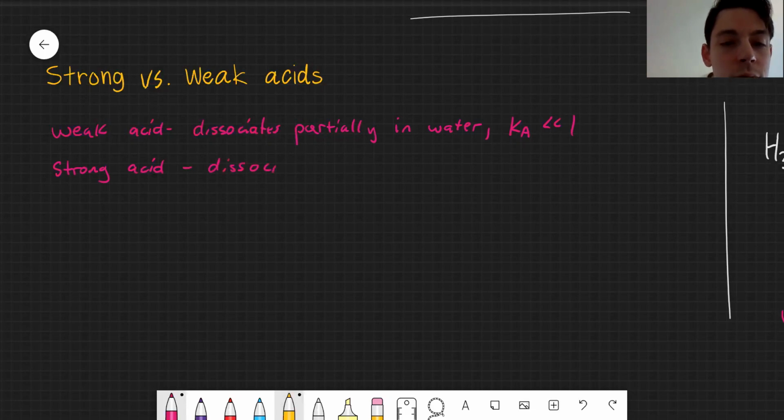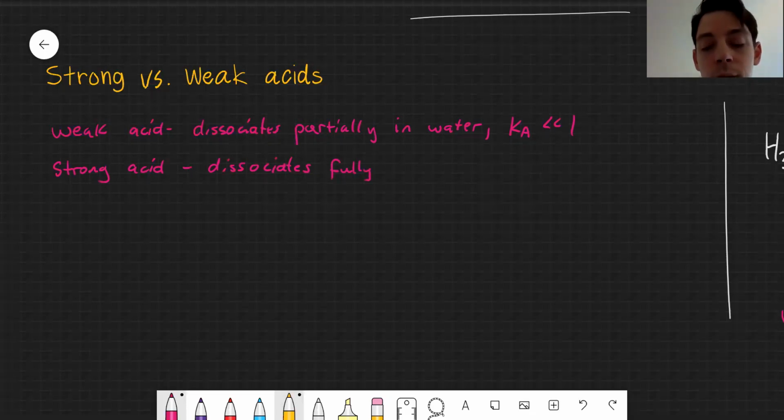In other words, all of the acid reacts with water. It is effectively a one-way reaction. We can assume that all of the reactant becomes product, and we end up with Kas that are much greater than 1. An example like hydrochloric acid has a Ka value of around 1,000,000.